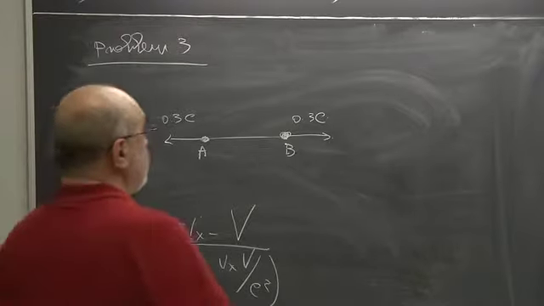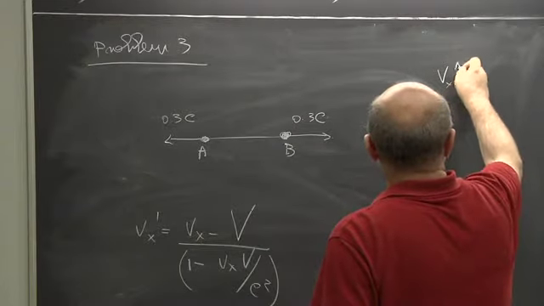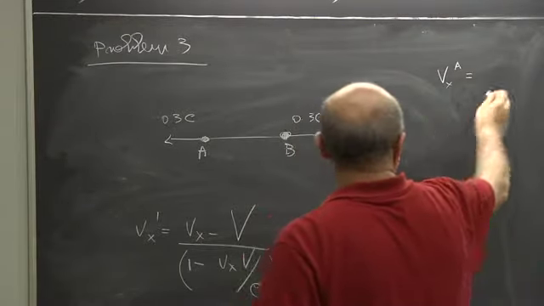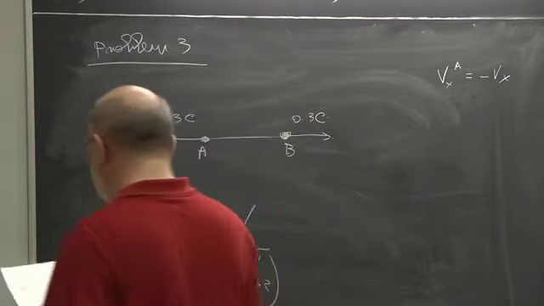Now, let's take galaxy A, and for galaxy A, its velocity is minus Vx, because it's going in this direction.